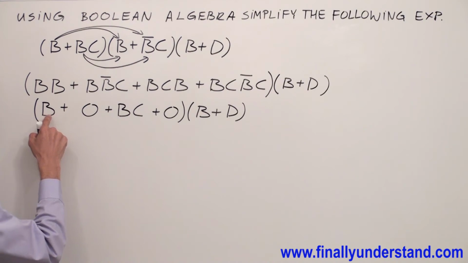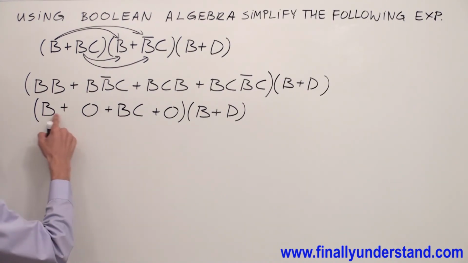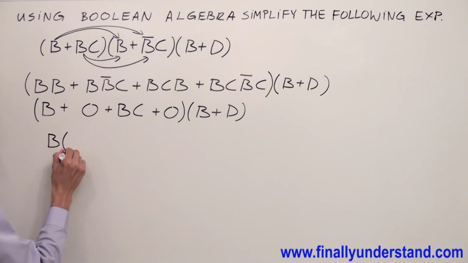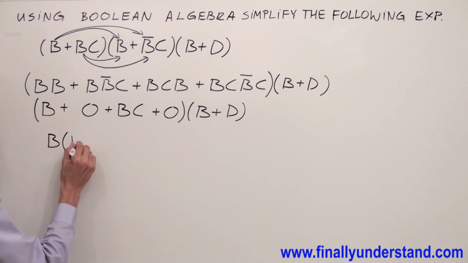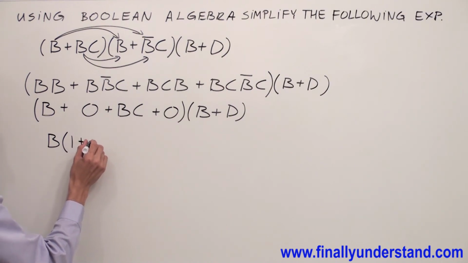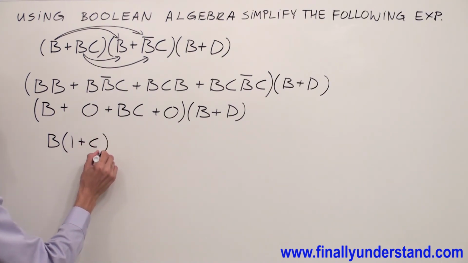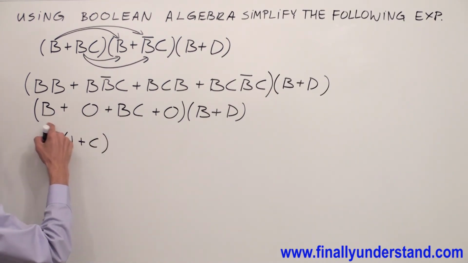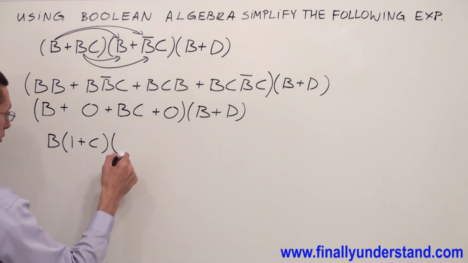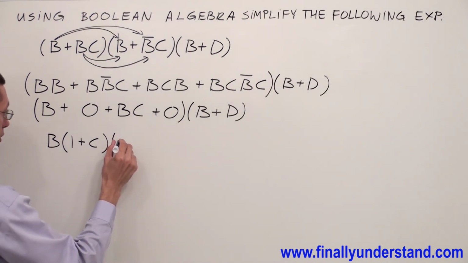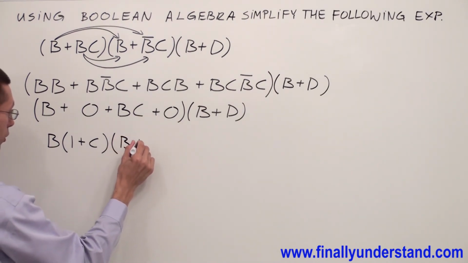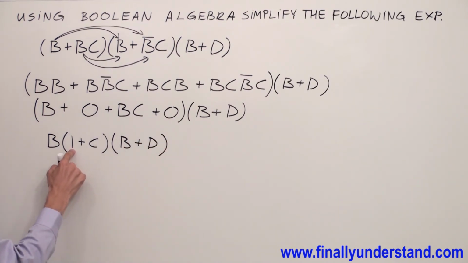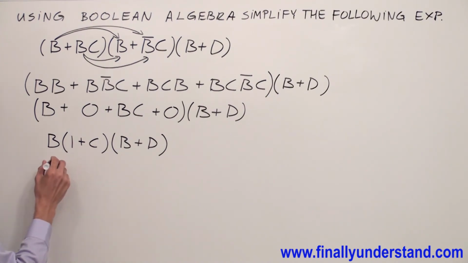From these two terms, I can factorize b. And I'm going to have 1 or c. I factorize b from these two terms. And I'm going to copy down everything whatever is left. So I have b or d. 1 or anything is always equal to 1.